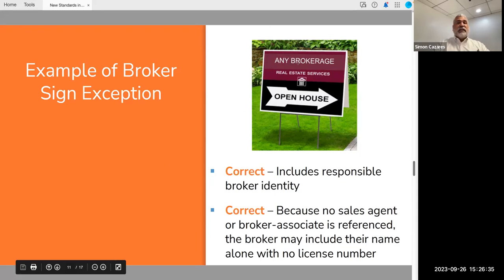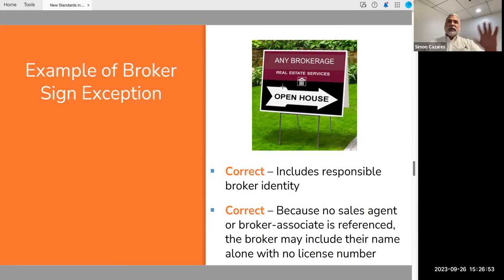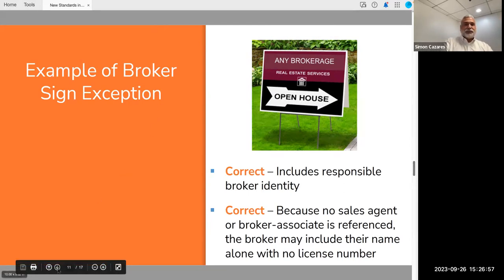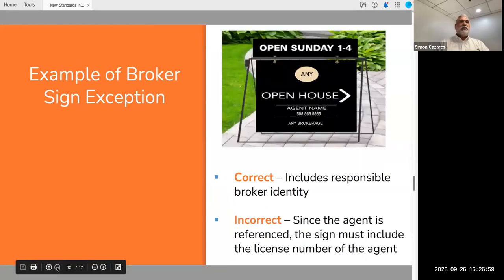As long as it says KW, okay? And sometimes the indicators are very simple, right? Because when you see a red and black sign, it already indicates it's probably a Keller Williams. If you see a blue one, or a balloon or stuff of that nature, it's probably your competitor brokerages out there. So if we have a bunch of signs that do not have Keller Williams, you can add them.